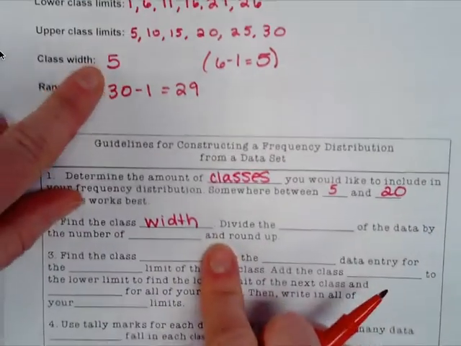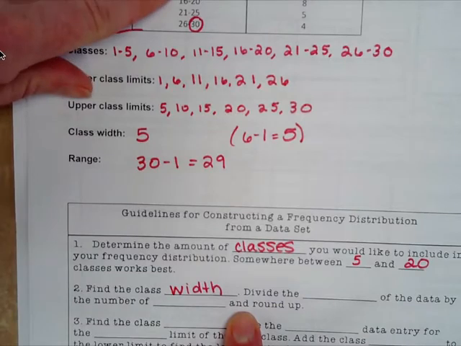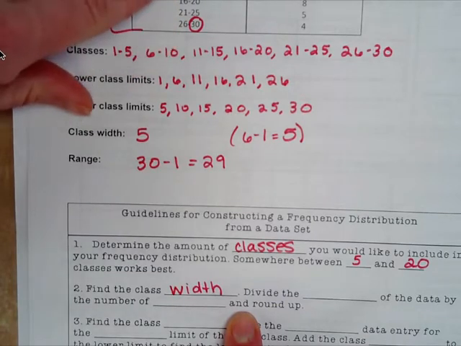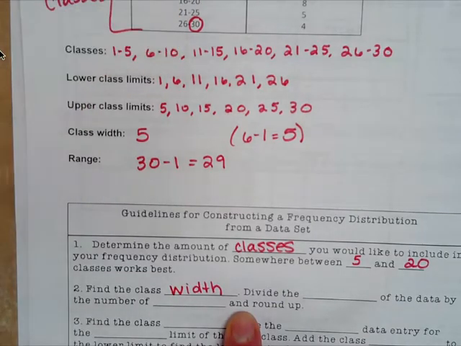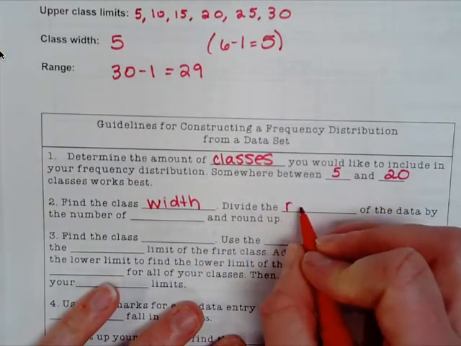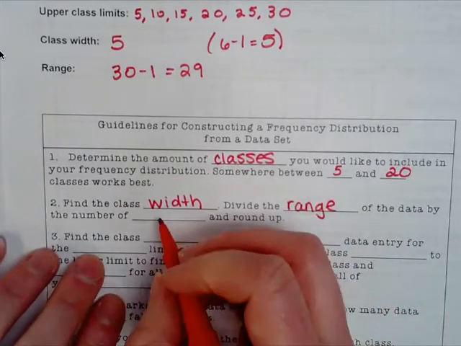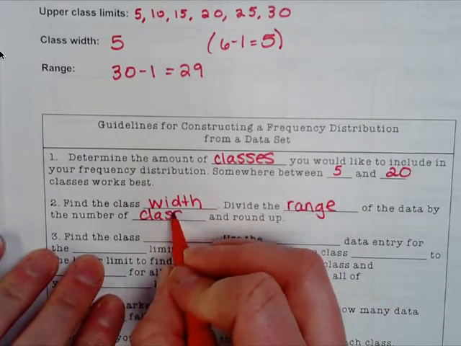So our class width was 5 here, so 5 between each one of your lower class limits. And then you're going to divide the range of the data by the number of classes and round up.